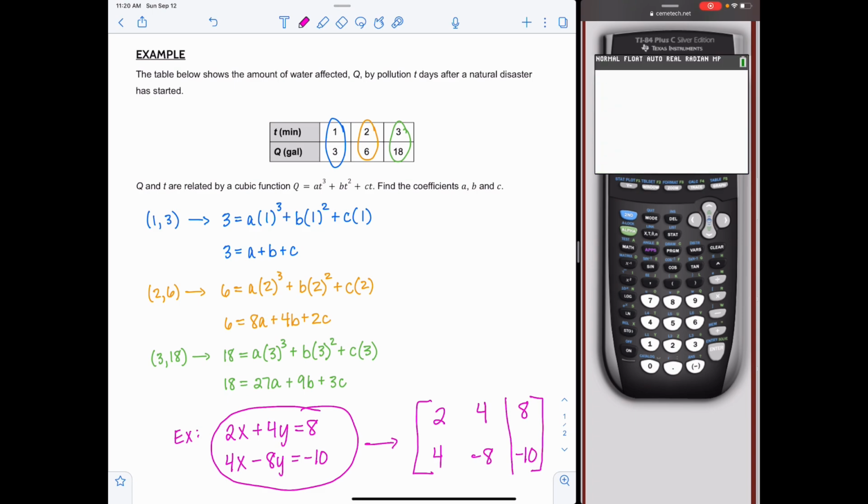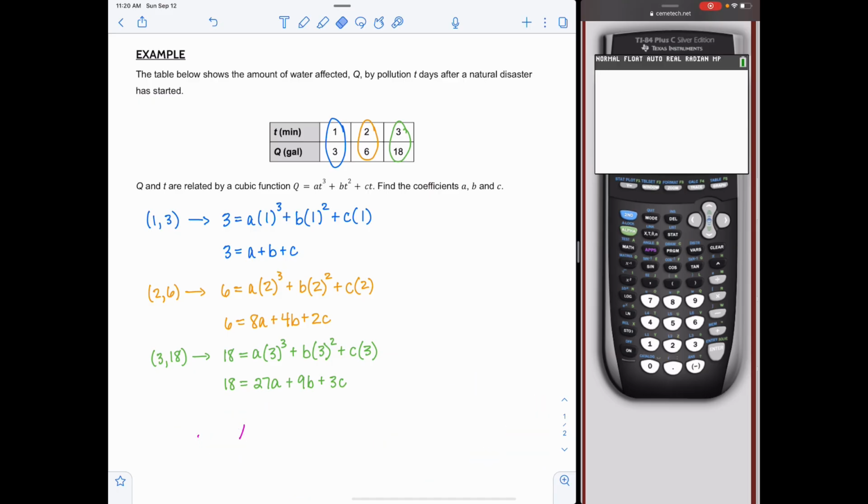So when you put it in matrix form, the calculator automatically assumes that the numbers in the first column belong to the x, the numbers in the second column belong to the y, and the numbers in that third column after the vertical line are your regular constants. Okay, so I just wanted to show you how to put that in.